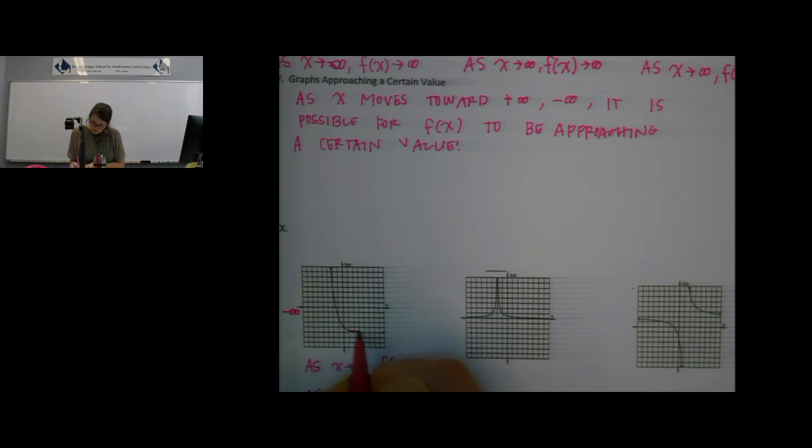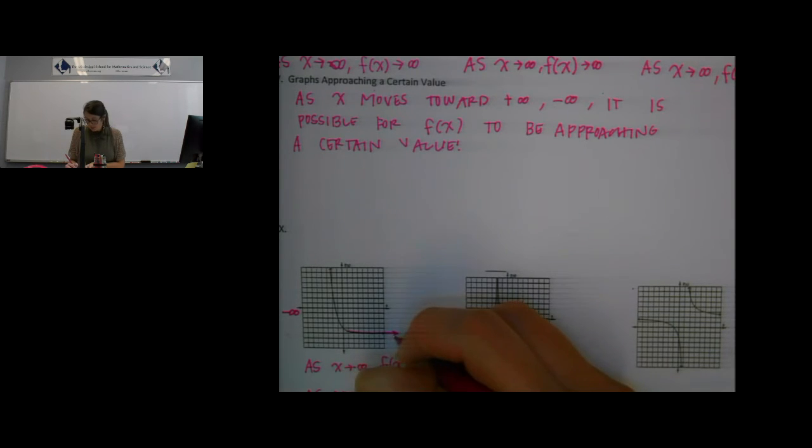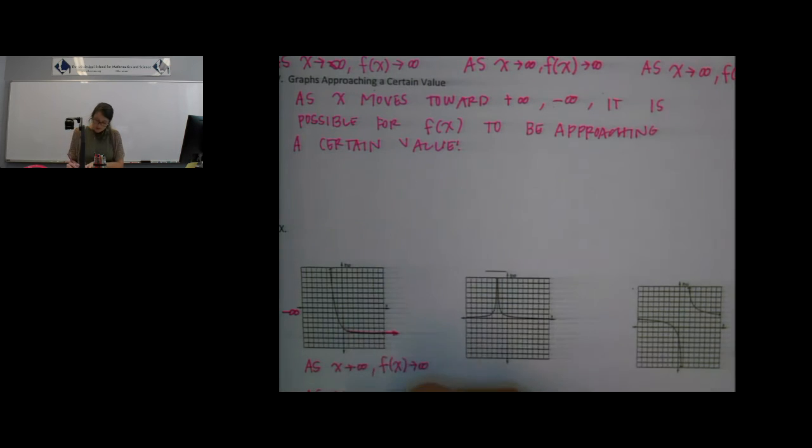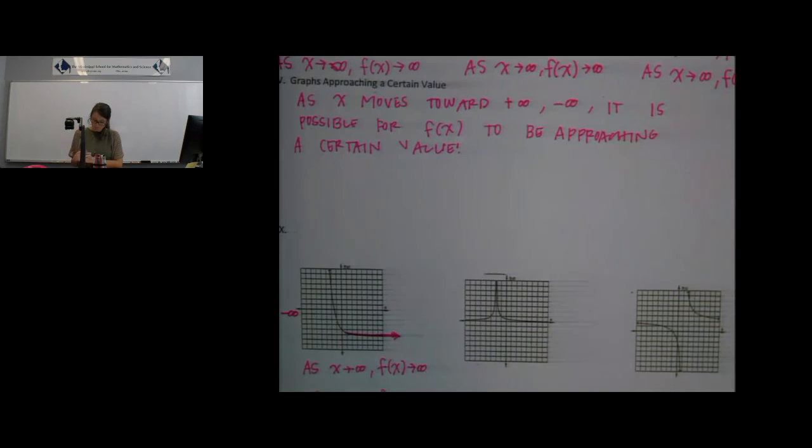As x approaches positive infinity, f of x is getting closer and closer to negative 5. So f of x is approaching negative 5. So this one is called approaching a certain value. Okay?